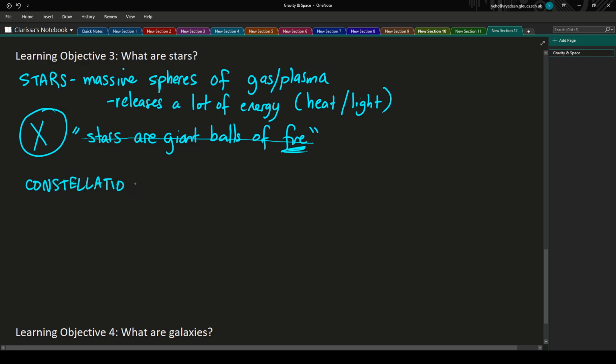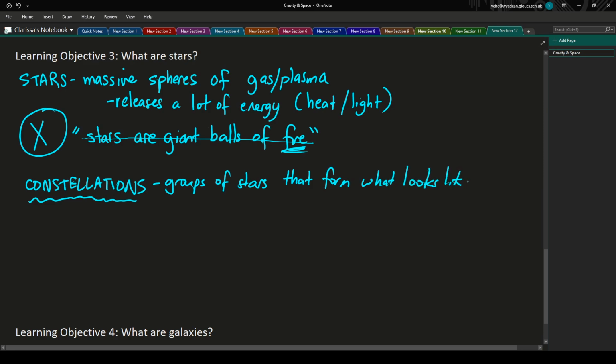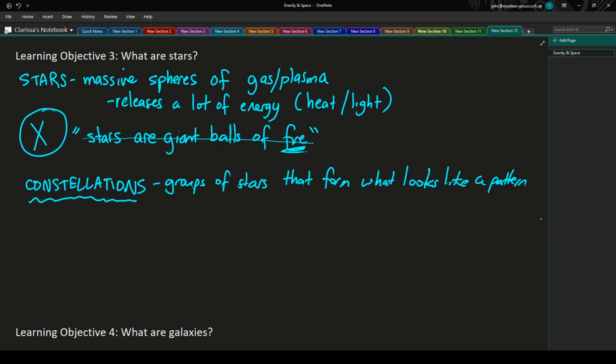Stars historically have always been very, very useful for us. Back before compasses and things were invented, people used what are known as constellations, which is just groups of stars that form what looks like a pattern. And they used to use that for navigation, because the stars are so far away, the night sky looks fixed.